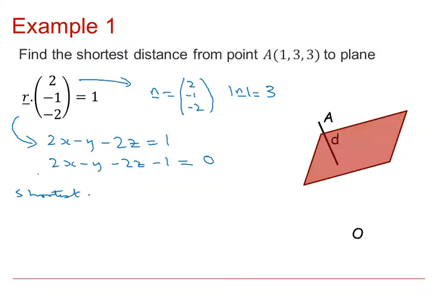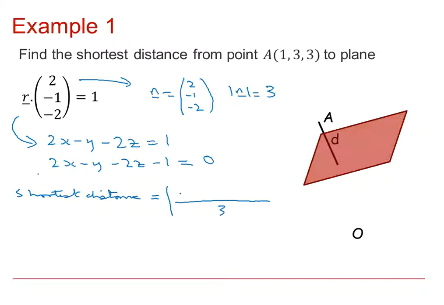So the shortest distance, which is what we're looking for, that shortest perpendicular distance, we can now get by finding the modulus of. The modulus is there just to make sure we get a positive distance. The denominator is the magnitude of n, which you know is 3, and the numerator is substituting the coordinates of A, which are 1, 3, 3, as the coordinates for x, y, z.